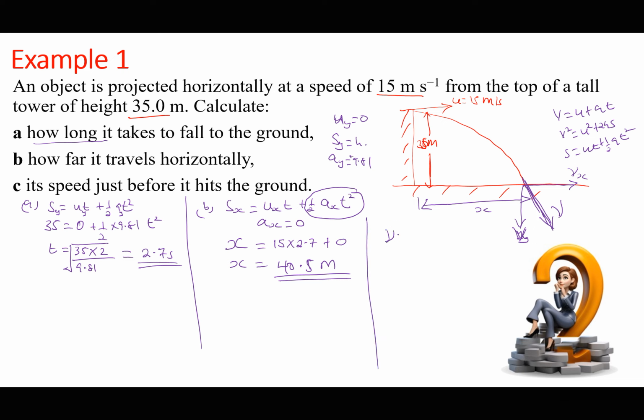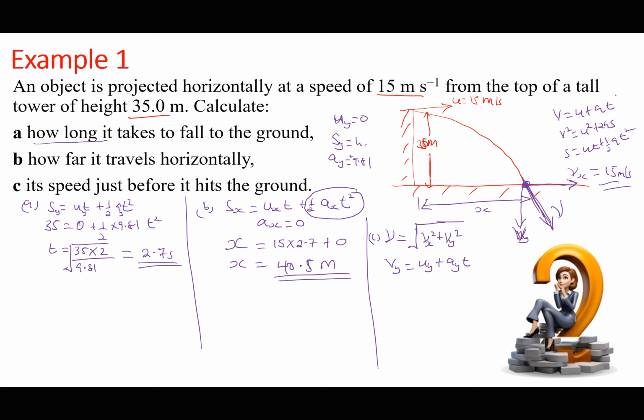So V is going to be equal to the square root of Vx squared plus Vy squared, because it hits the ground at this point when it has both the horizontal velocity and the vertical velocity. The horizontal velocity remains the same, 15 meters per second, because velocity in the horizontal does not change. The vertical velocity is the one which changes and can be given by Vy equals Uy plus acceleration in the vertical times t.